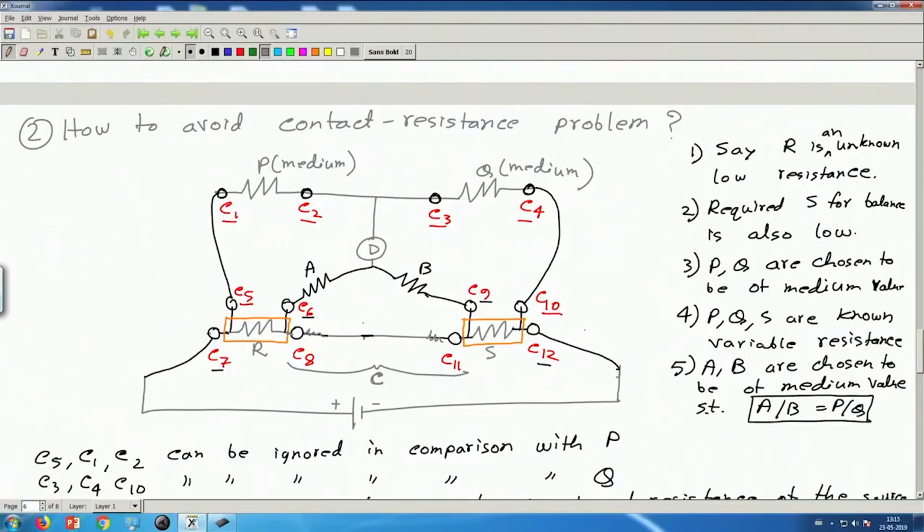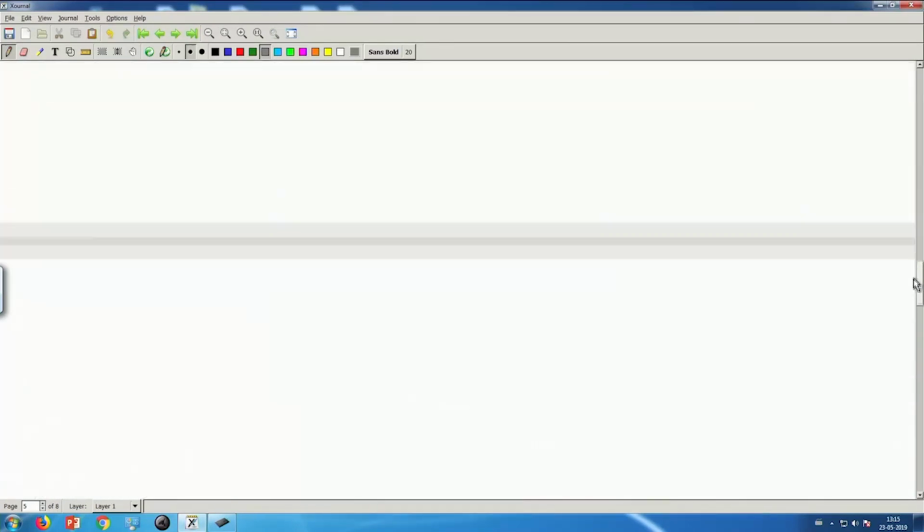These two resistances A and B are actually dividing this contact resistance C in the same proportion as A and B. Why? Let us see here.